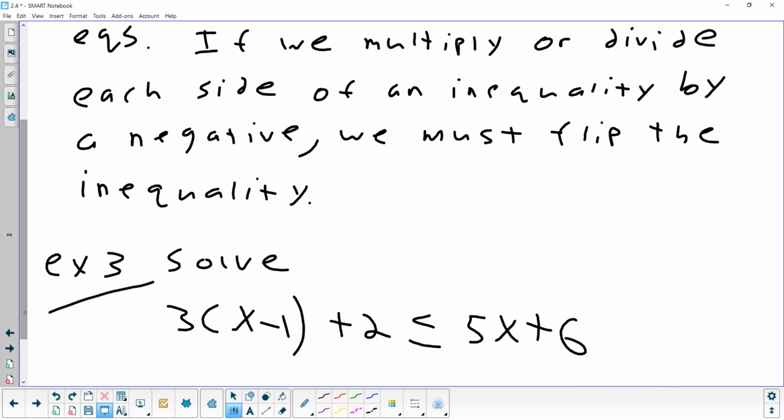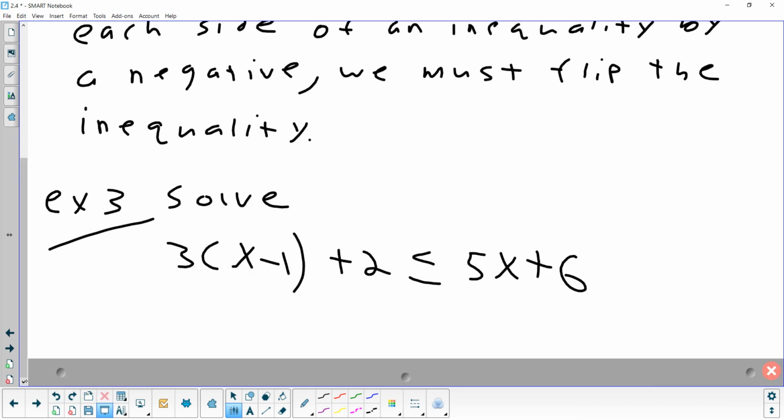Let's try this one. So 3 times (x minus 1), plus 2 is less than or equal to 5x plus 6.